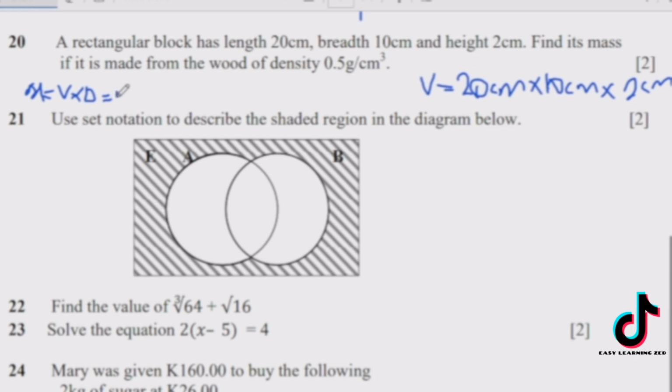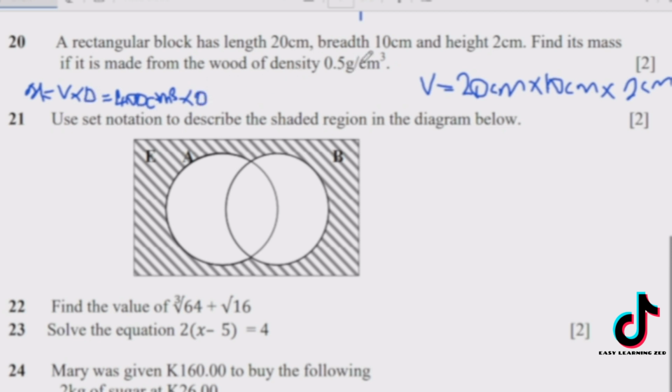We write 400 centimeter cubed, then times density.